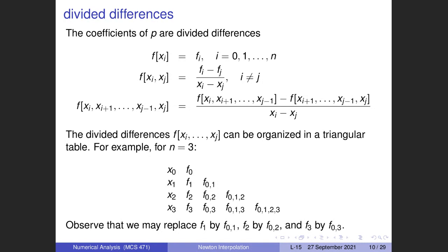Here we end at j minus 1. Here we start at i plus 1. So we have 1 point less. So we have two base cases. You can implement this as a recursive function, but we will not do this. The formulas are very symmetric, very much like Neville interpolation.